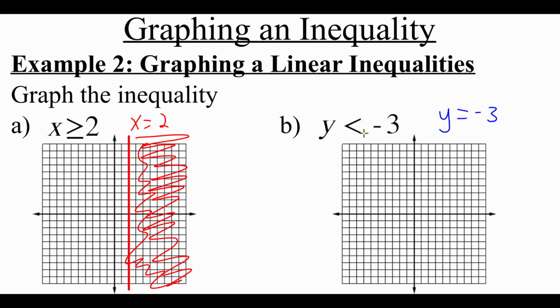But as we look at our inequality, it does not have the equals to line underneath it. So we're going to have a dotted line through the y value of negative 3. Now, if we want all of the y values that are less than negative 3, then those are going to be all the y values that are below negative 3. So the solution set is going to be the region below this dotted line. But this time we're not including the line because we don't have our equals to symbol with our inequality.